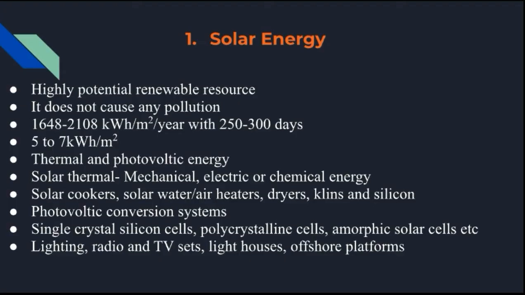India receives abundant sunshine, about 1648 to 2108 kilowatt hours per meter square per year, with 250 to 300 days of useful sunshine in a year.